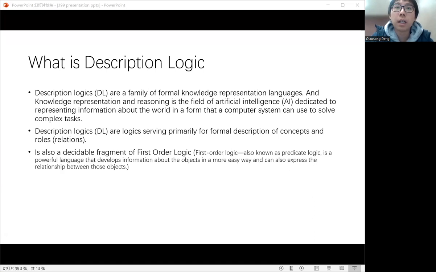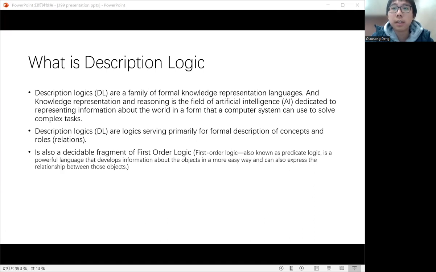Description logics are also the logics serving primarily for the formal description of concepts and roles or relations, which means they model concepts, roles, and individuals and their relationships.